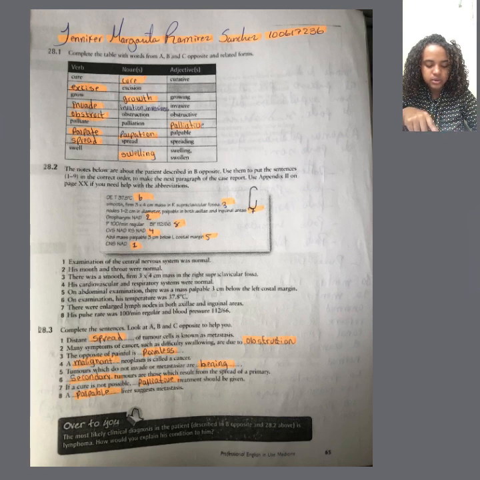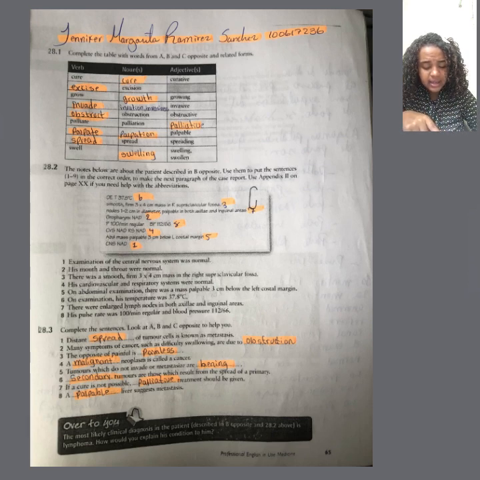There was a small mass 3 by 4 centimeters in the right supraclavicular fossa. Nodes 2 centimeters in diameter palpable in both axillary and inguinal areas. Number 7. There were enlarged lymph nodes in both axillary and inguinal areas.